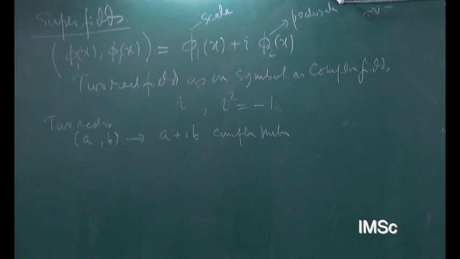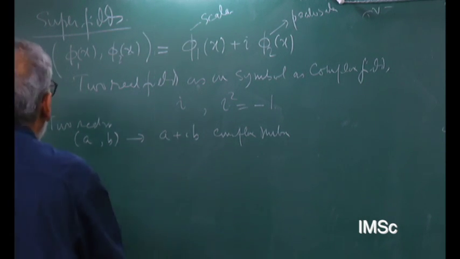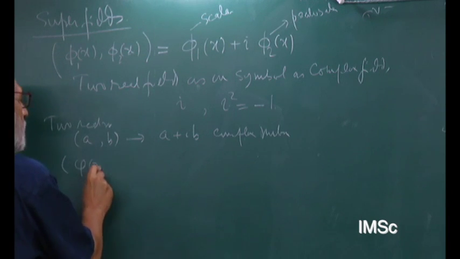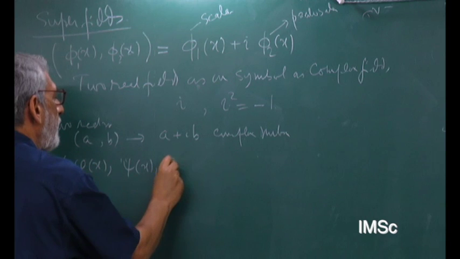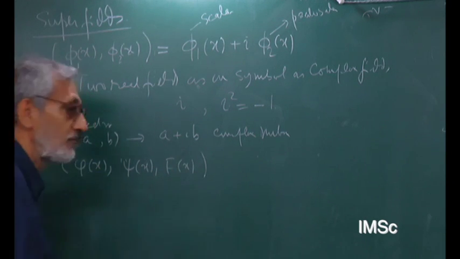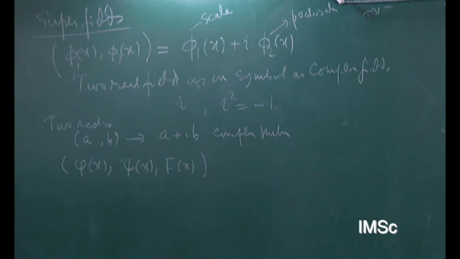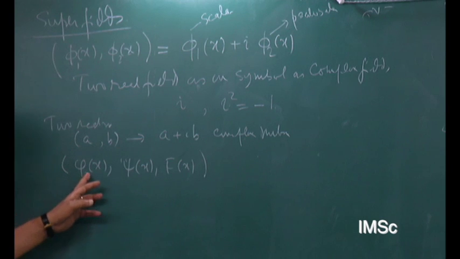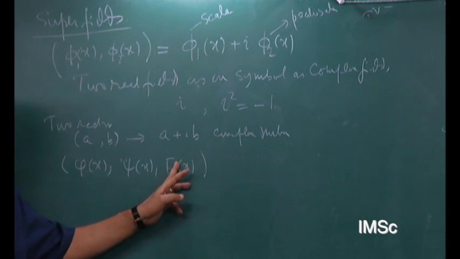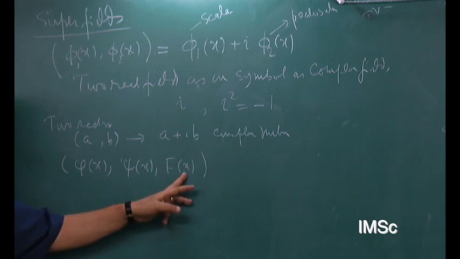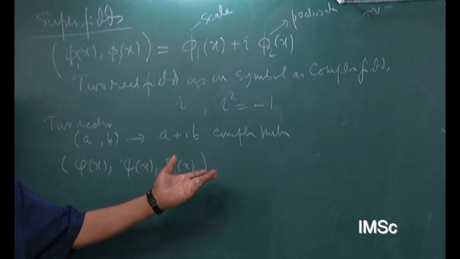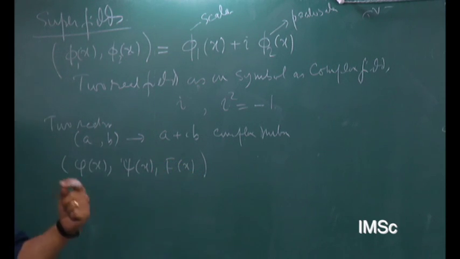Now we have this collection of fields in a supermultiplet, let's say a chiral supermultiplet: phi(x), psi(x) and F(x). A set of three fields. They have different spins: spin 0, spin half, spin 0. They have different mass dimensions. So we'll try to find a method.